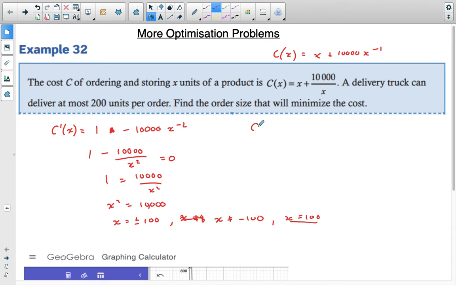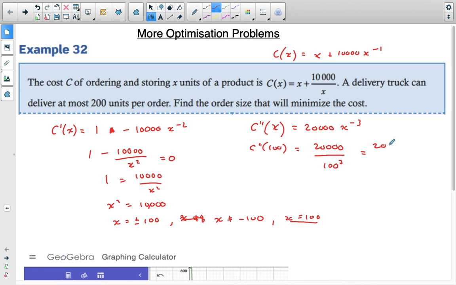To prove it's a minimum value, we just take the second derivative. The 1 disappears, and we've got negative 2 times negative, so we've got plus 2 times 10,000, so we've got 20,000 x to the negative 3. If we plug in 100 at that point, we've got 20,000 over 100 cubed.